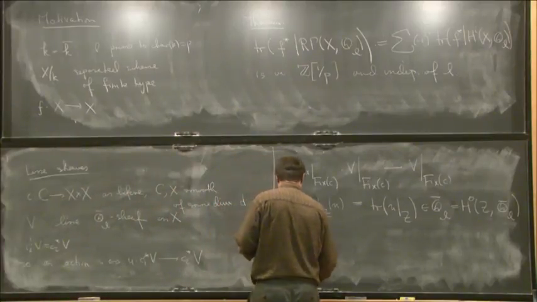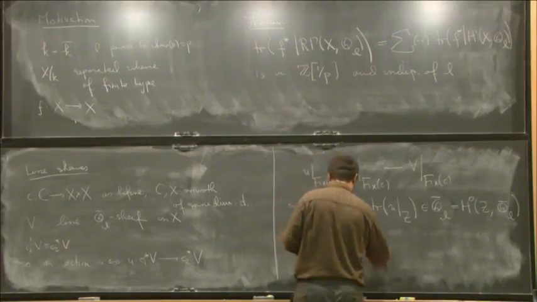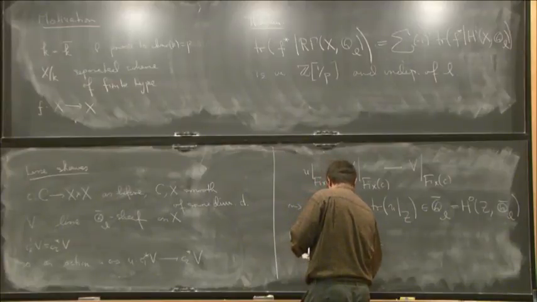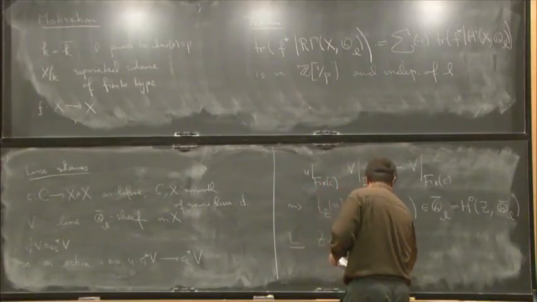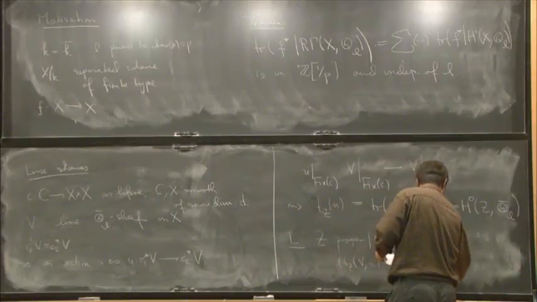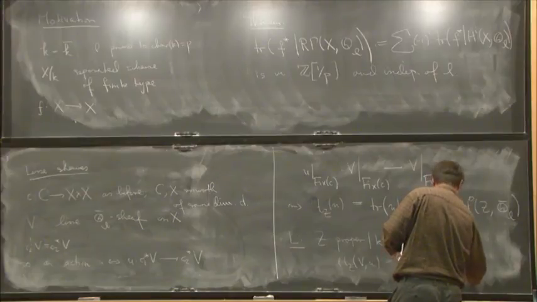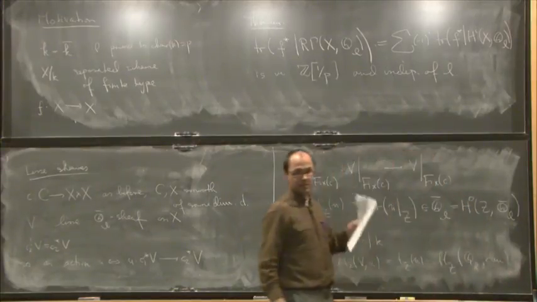So let me put that as a little lemma. If Z is proper over K, then you can think about this local term Z of U, and you can also think about this map here, and you can look at the local term that gives the intersection part. So there's a canonical action, which is the one I described.